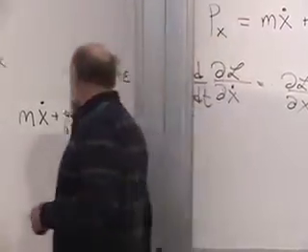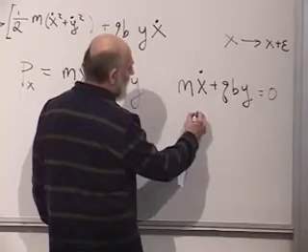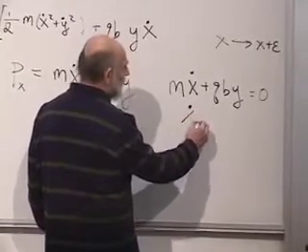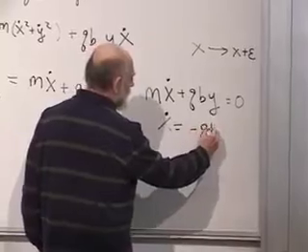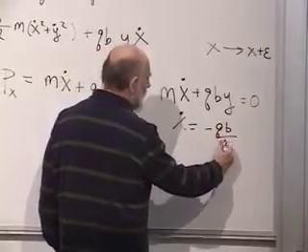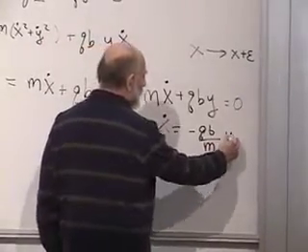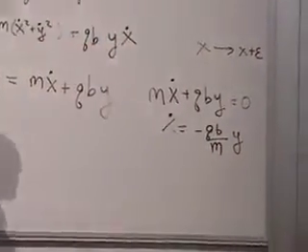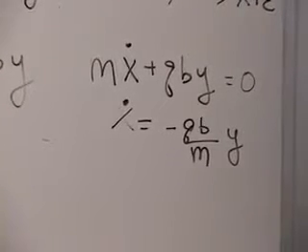That immediately solves for me and tells me that X dot, the X component of velocity, is minus QB over M times Y. That's what I learned from conservation laws. It's very odd.